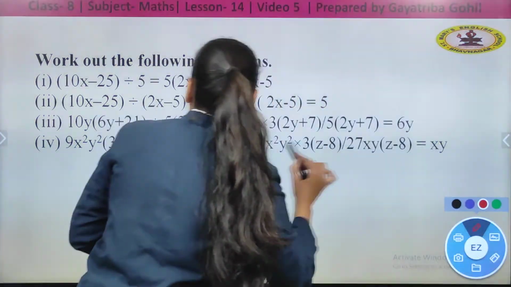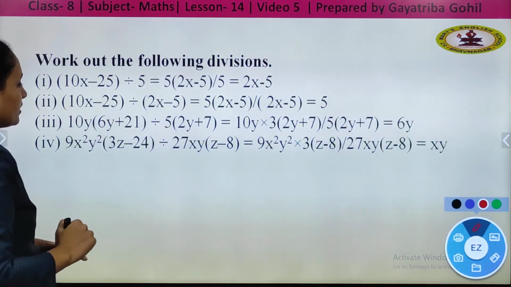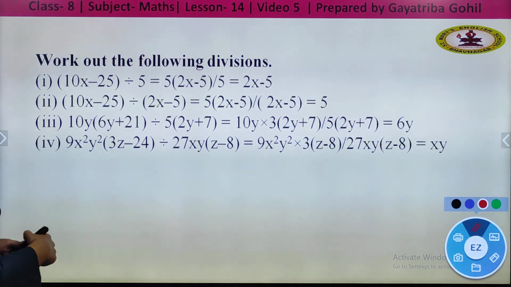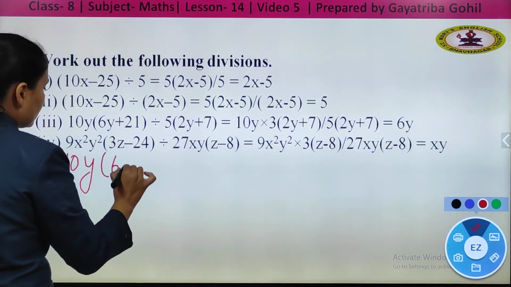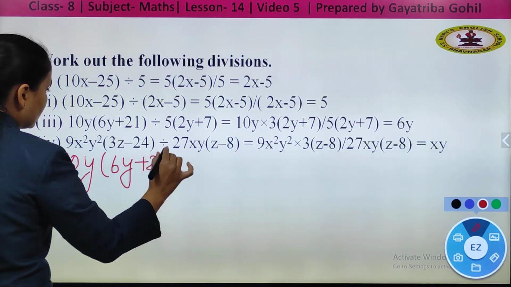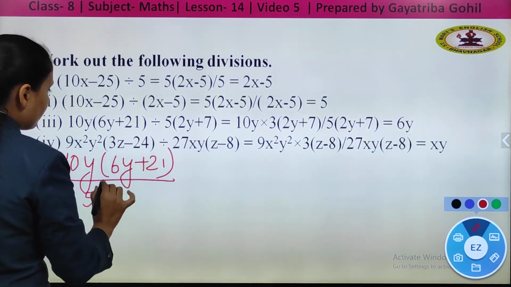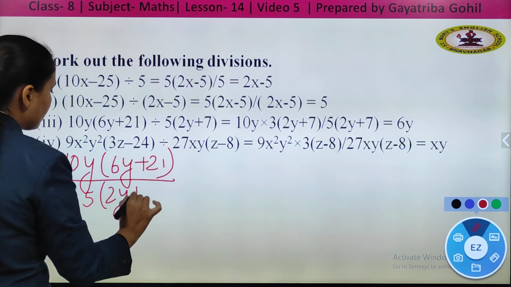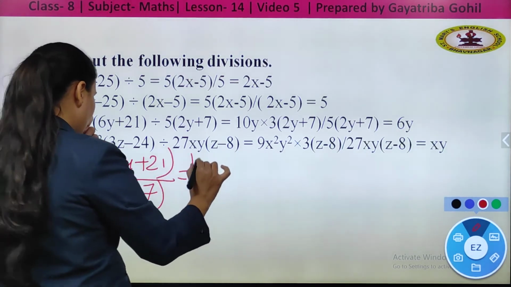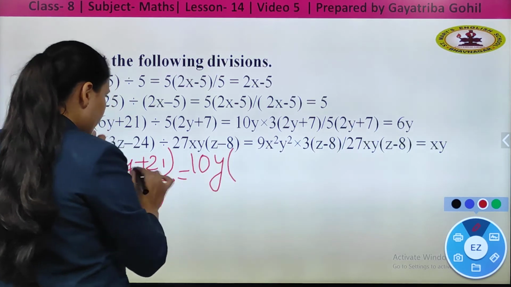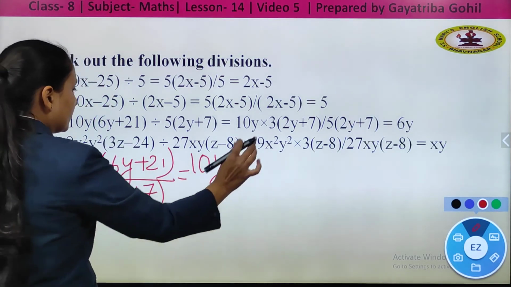Here, 10y into 6y plus 21 divided by 5 into 2y plus 7. Find the factors of the numerator. 10y as it is. From 6y plus 21 you can have 3 common.